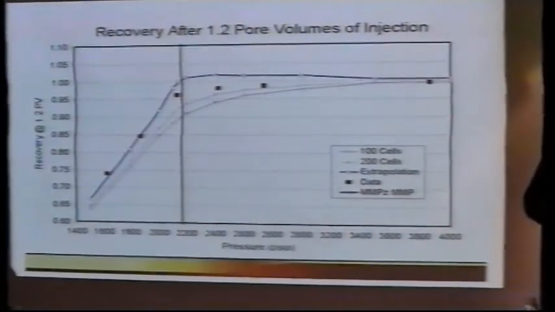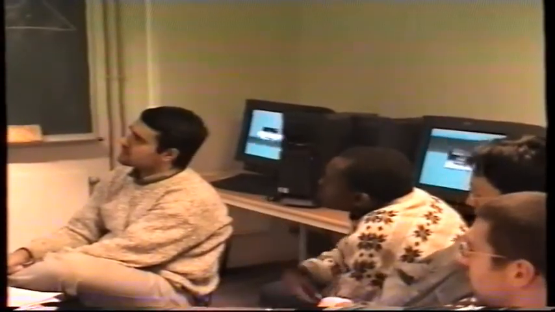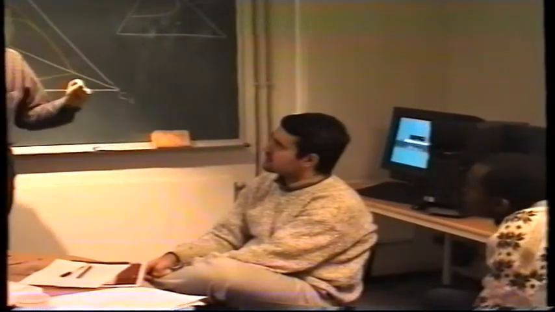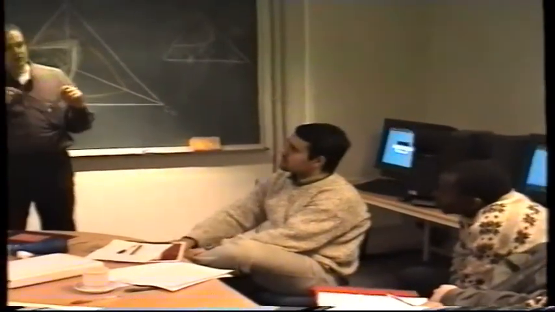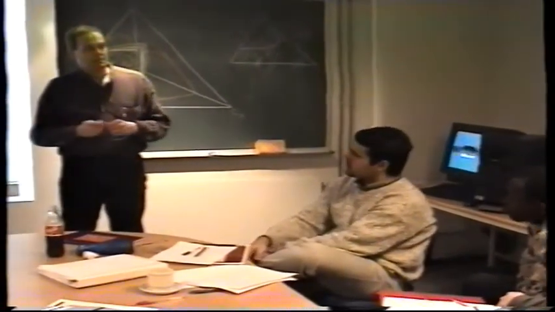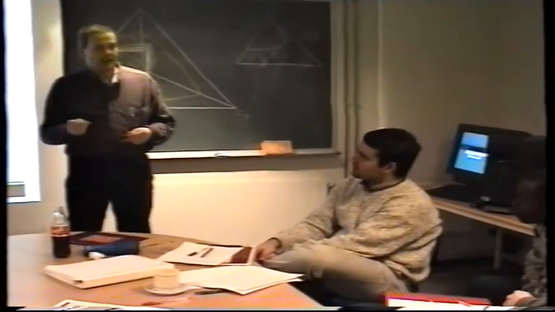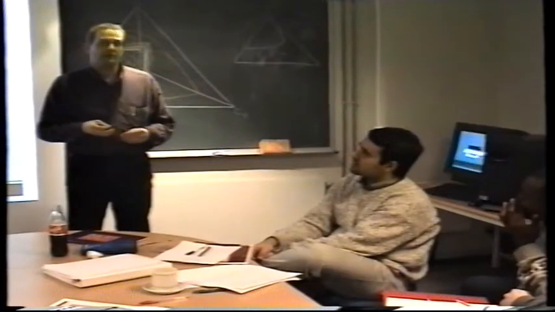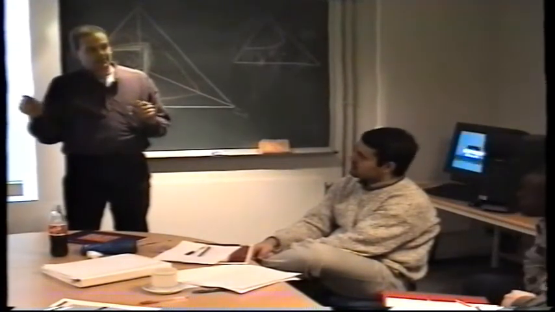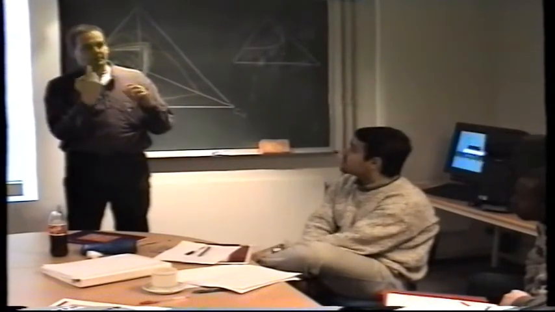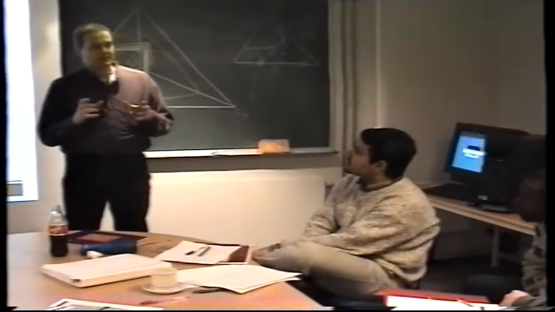Data from the experiments, what's the multi-cells in the cell? That was an actual slim tube experiment where they took a 40-foot tube that was filled with sand, and they filled that tube with oil, and then over a period of 8 or 10 hours they injected gas into the tube, and the tube is coiled so that it minimizes the effect of gravity.